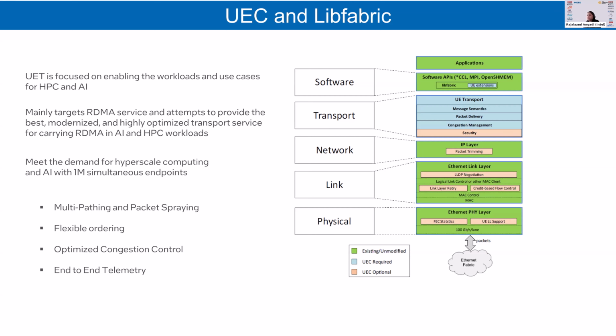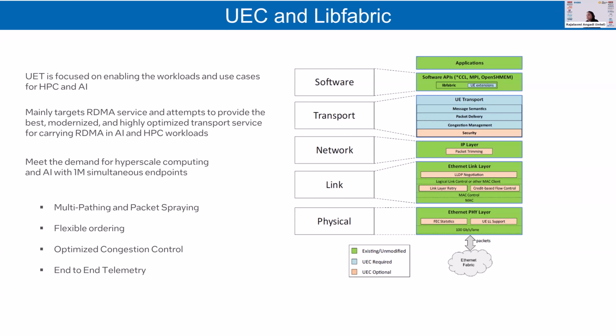Many of the features of UET will help us achieve this, the features present in the semantic layers, the features present in the packet delivery layers, or the things that are handled as part of congestion management.